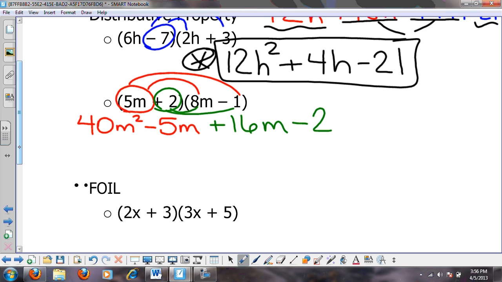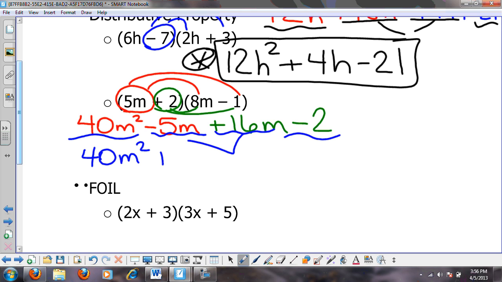Combine like terms. Voila. No other term here, no other term here. 40m squared, -5 plus 16 plus 11m, minus 2.